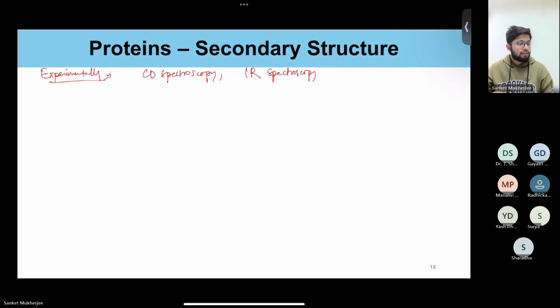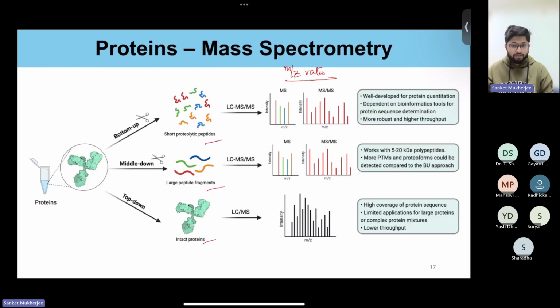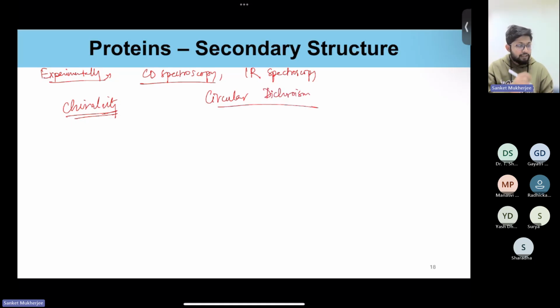In the case of CD spectroscopy, it is based on the fact that all the amino acids are chiral except one. The chirality of amino acids is the principle behind which CD works, and CD stands for circular dichroism. We will see a video where CD is explained.